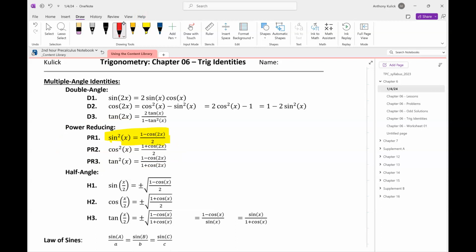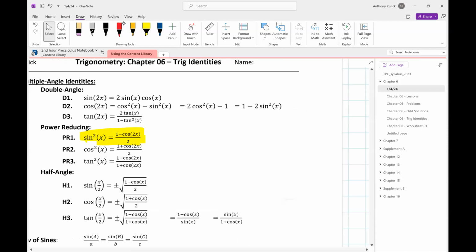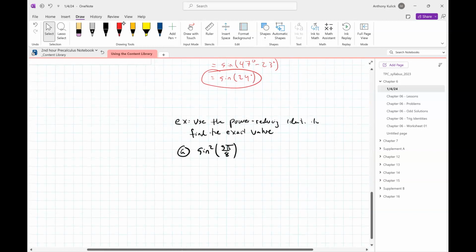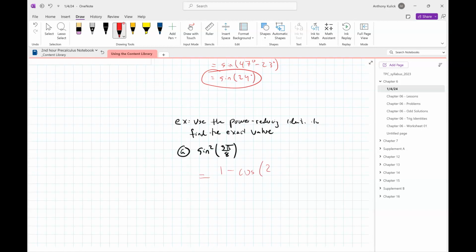So I'm going to rewrite that as 1 minus cosine of 2x divided by 2. Now my x in this case is 3 pi over 8.